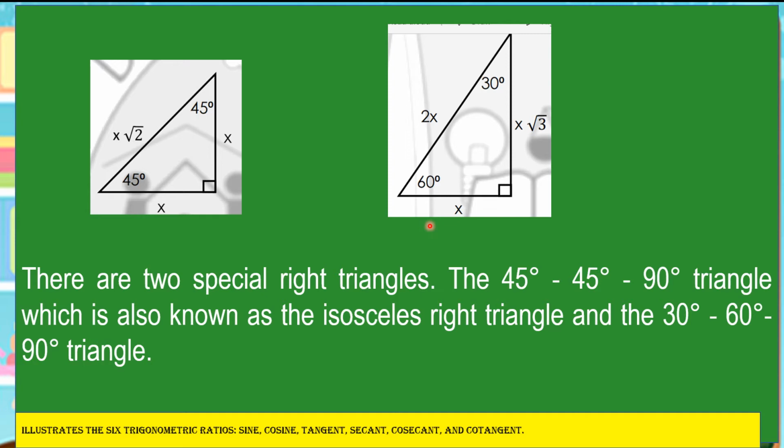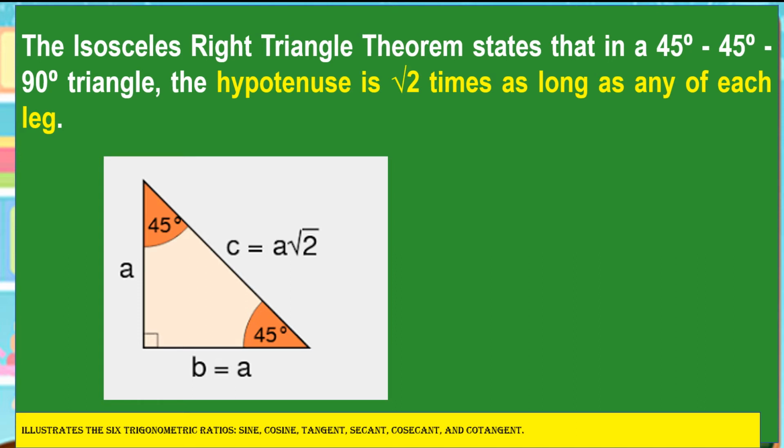These two right triangles are special because there are exact values for each of their sides. The isosceles right triangle theorem states that in a 45-45-90 triangle, the hypotenuse is square root of 2 times as long as each leg.